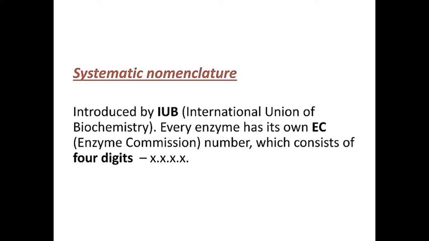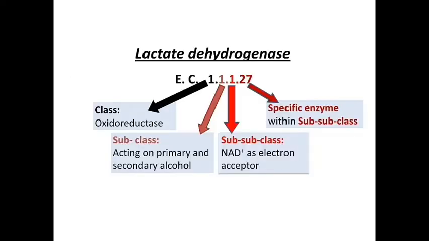and the third number indicates the sub-subclass, and the last indicates the precise position of the enzyme within the sub-subclass and thus completely characterizes the enzyme. Now let's look at an example to make the systematic nomenclature easy. Let's take lactate dehydrogenase, which has an EC number, or enzyme commission number, of 1.1.1.27.